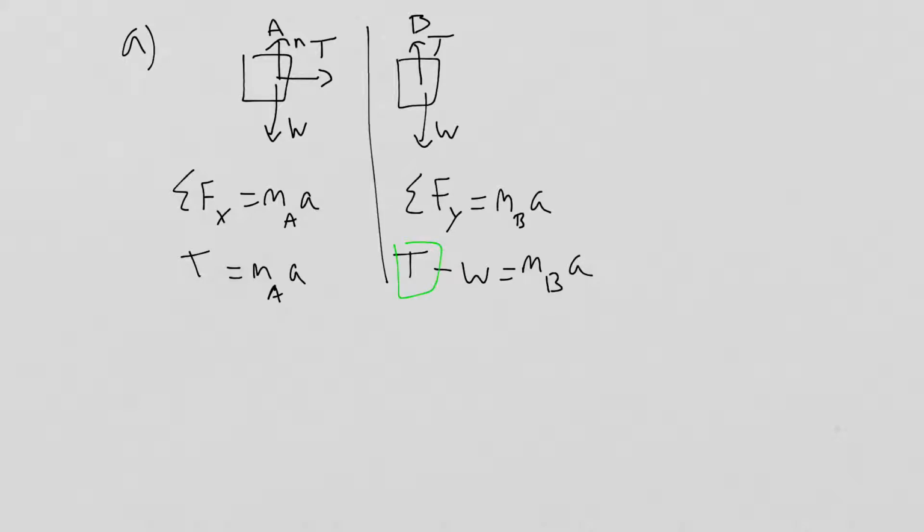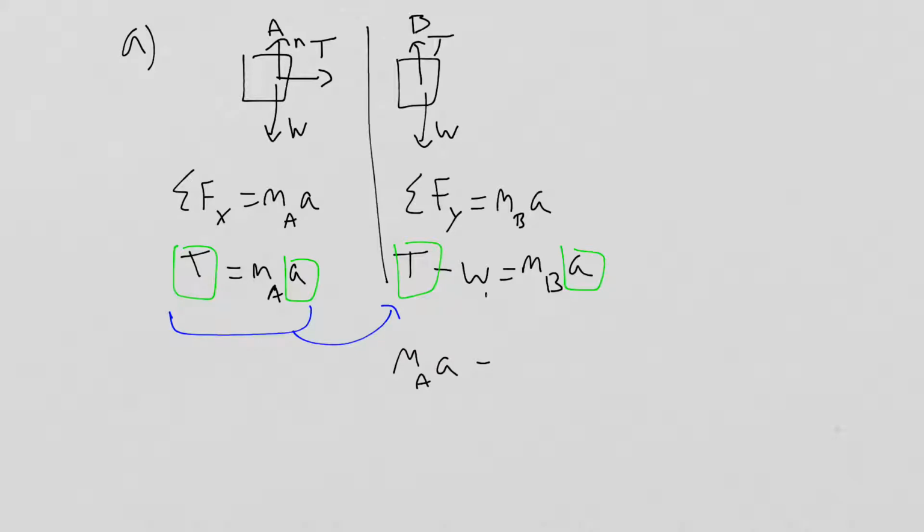Okay, so now we have to check a couple things. First off, these tensions have to be the same because the string, we're told, is massless. Secondly, these accelerations have to be the same because the blocks move together. That's what it means to be in the system. So we have two unknowns and two equations so we can solve. I'm going to take what the tension equals and plug it right in there. So m_A a minus the weight.